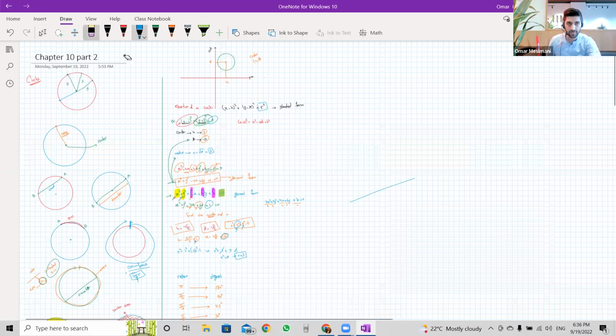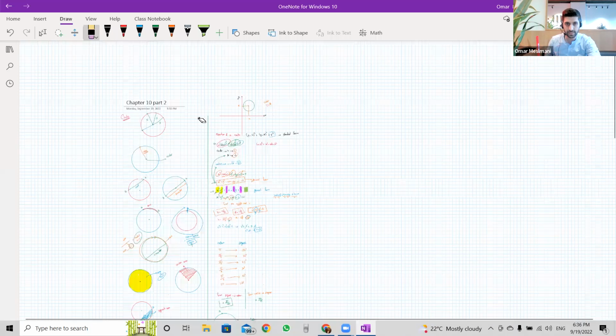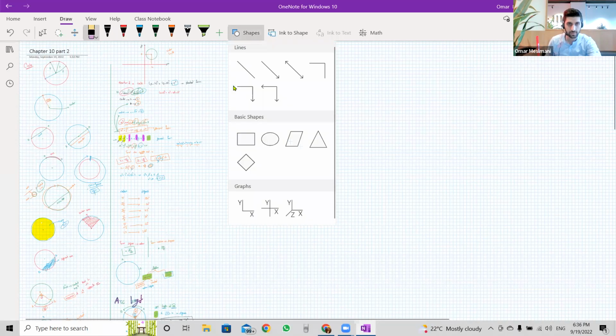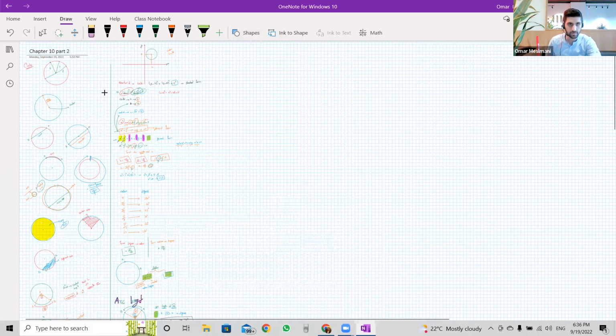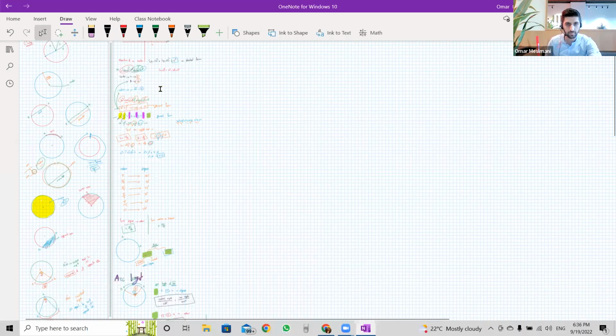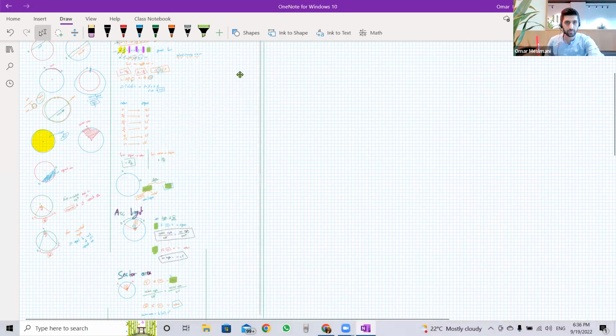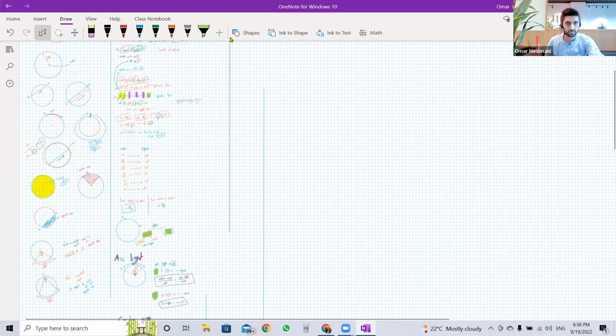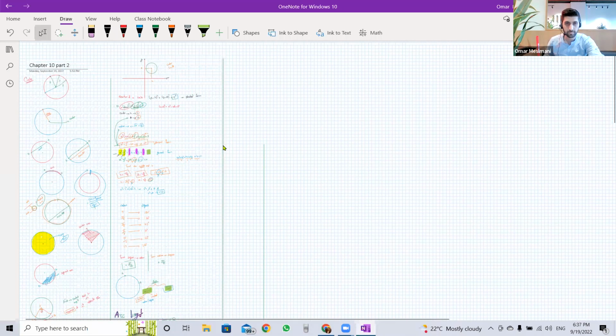I'll talk about some notes and then move on to some questions from your book, and let's see what we have. Just let me draw this line. Radian is when the arc length is the same as the radius.